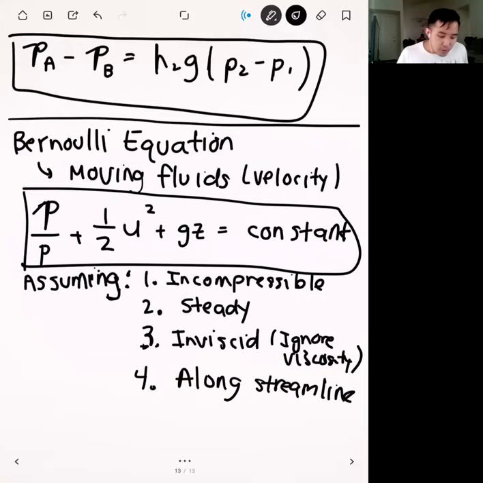And so this is the Bernoulli equation right here. But a lot of times we don't use it strictly in this form, because the way that we usually use Bernoulli is to compare between 2 different locations.